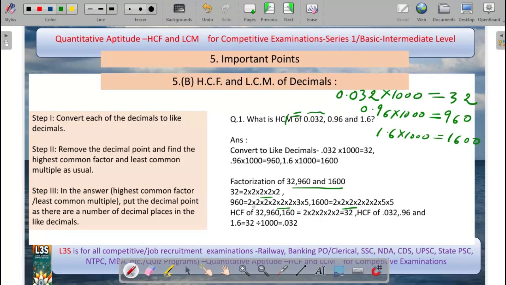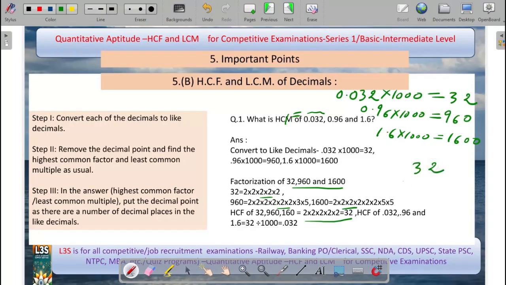Five 2's are there, here also, and here there is no 5. So the highest common factor will be 2 to the power 5, or 32. Now we got the HCF of these numbers as 32.